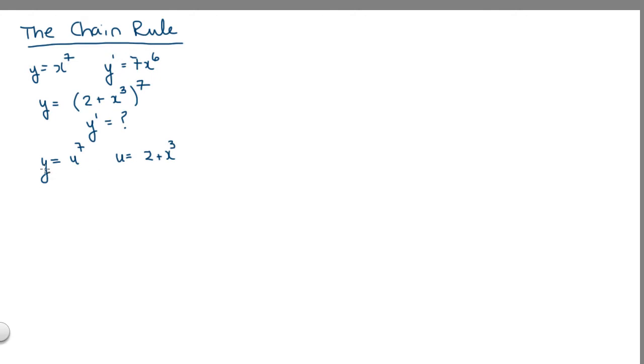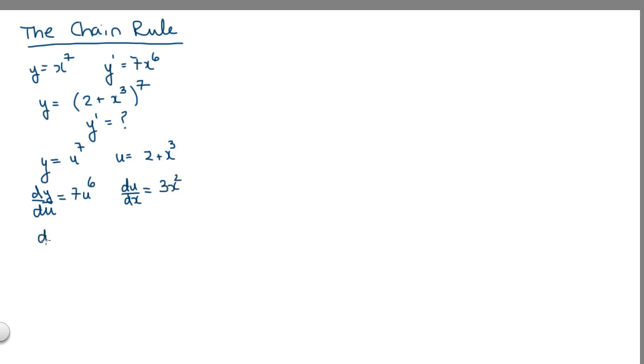So using our derivative rules, we could say that the derivative of y with respect to u, dy by du, is equal to 7 times u to the 6. And then looking over here at our function u, we can say the derivative of u with respect to x, so du by dx, is equal to 3x squared.